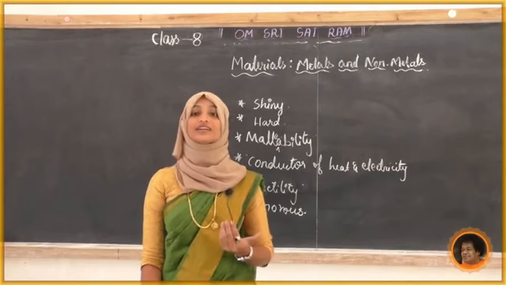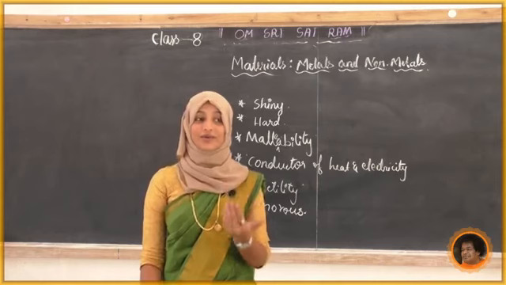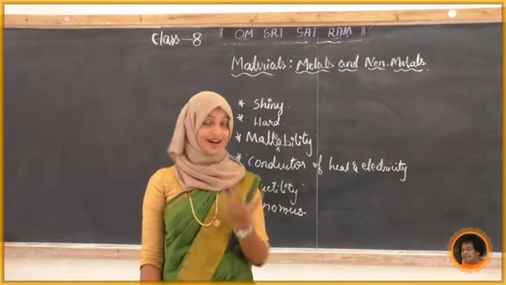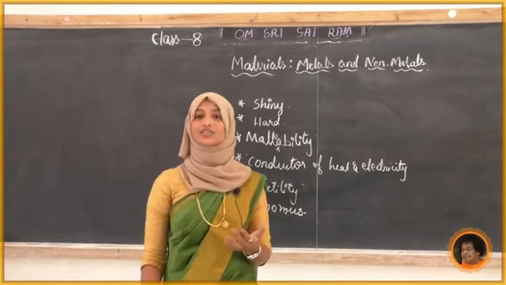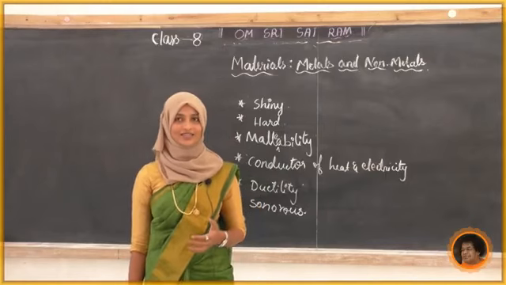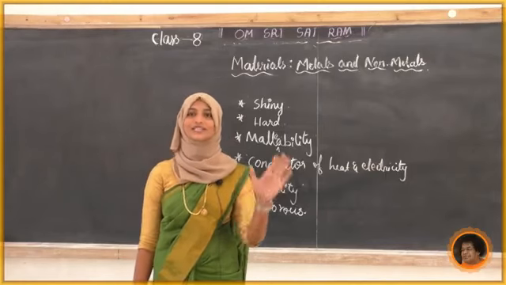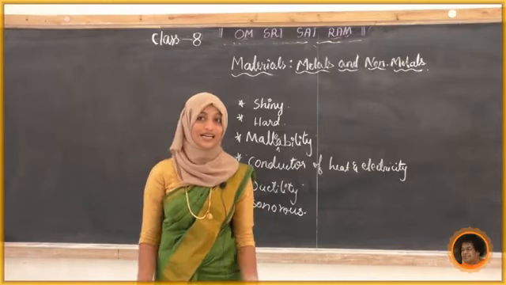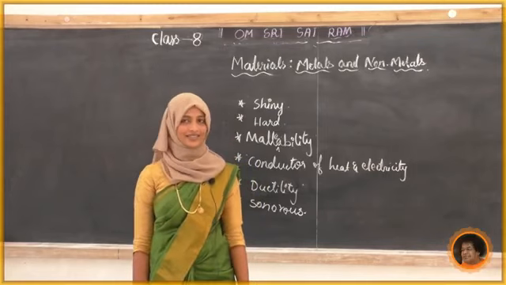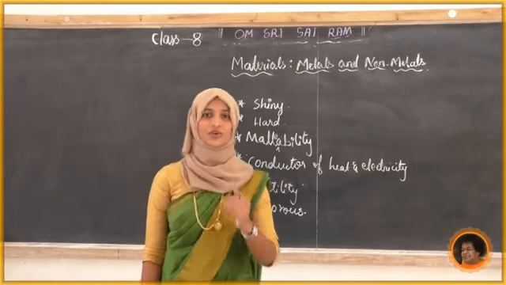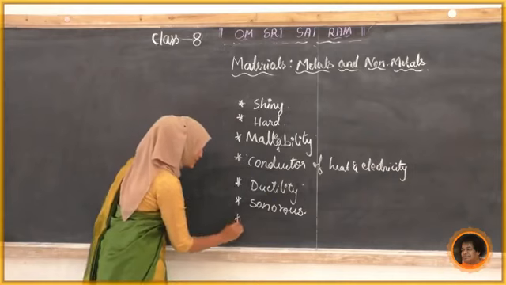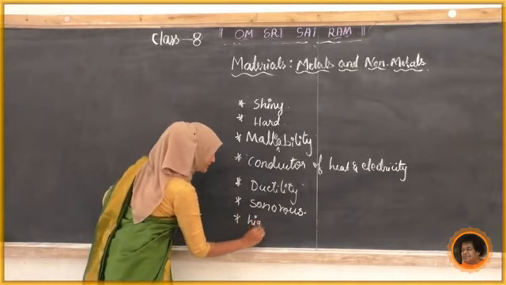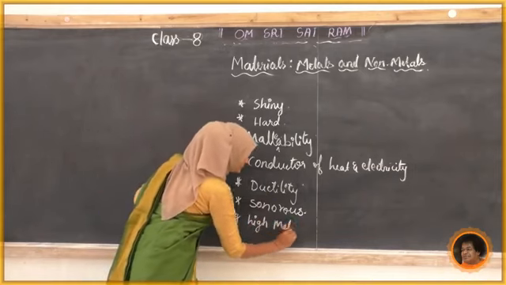It is very difficult to melt. But the goldsmith or blacksmith, they are melting. They are giving high temperature to these metals. Then only it may melt. Otherwise, it won't melt. So one more point we have got now: high melting point.